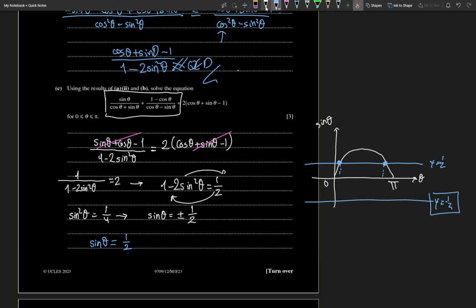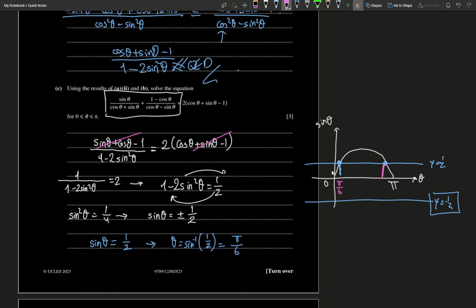You'll notice that we can simply take the inverse of both sides to find the value of theta. Theta is equal to sine inverse 1 over 2, which is equal to pi over 6. Pi over 6 is our first intersection. But we want to find our second point of intersection.